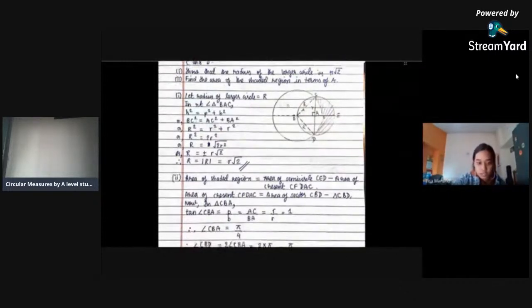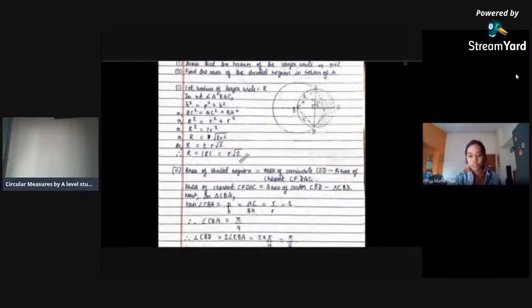For the second question, which is to find the area of the shaded region, as we can see from the diagram, the area of the shaded region can be found by subtracting this crescent, which is CFDAC, from the semicircle CED, which can be seen in the figure.